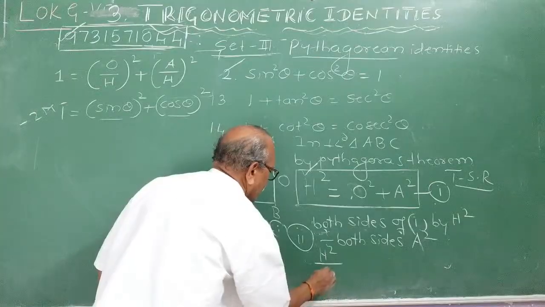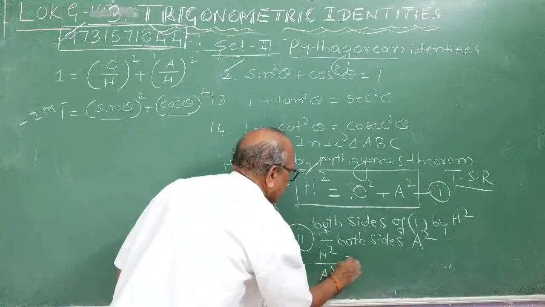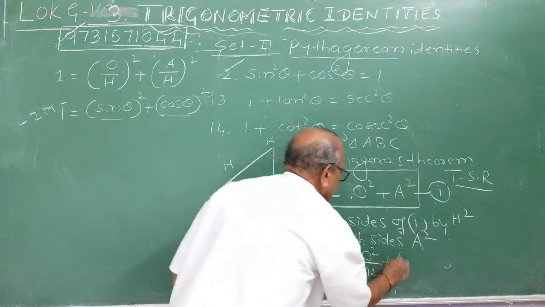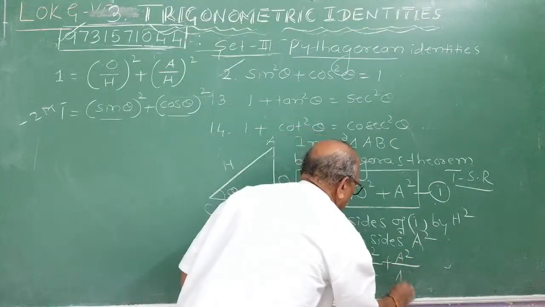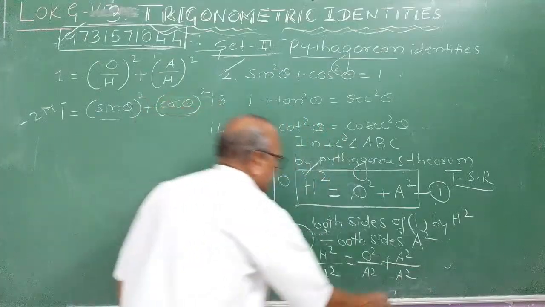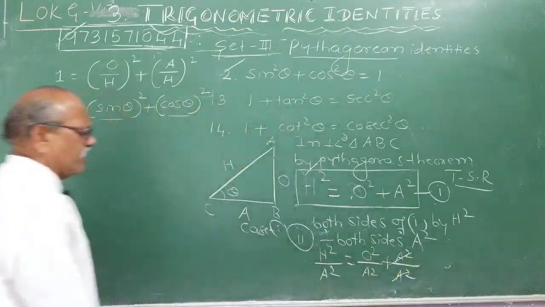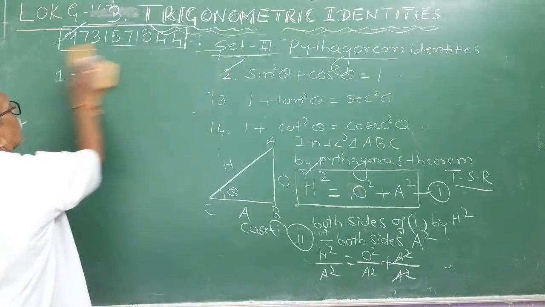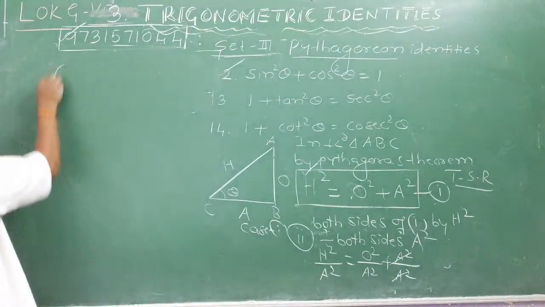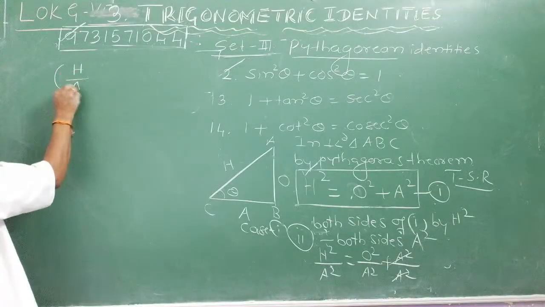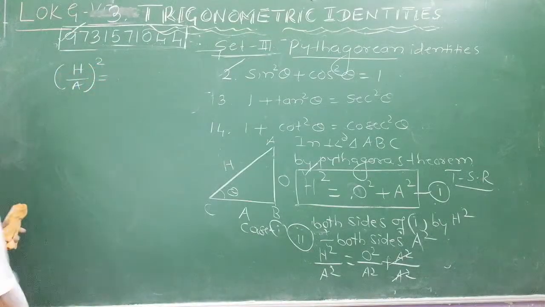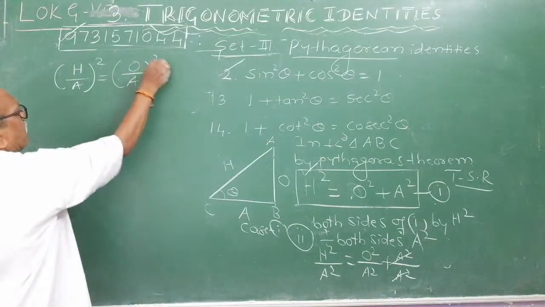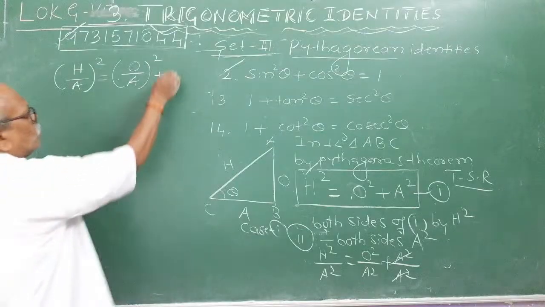Hypotenuse square upon adjacent square is equal to opposite square upon adjacent square plus adjacent square upon adjacent square. This time adjacent square cancels. H square upon a square becomes h by a whole square, is equal to opposite upon adjacent square plus 1.